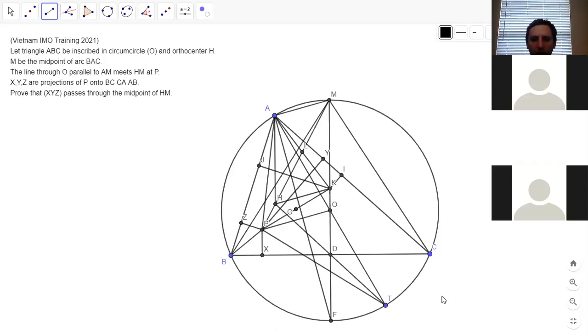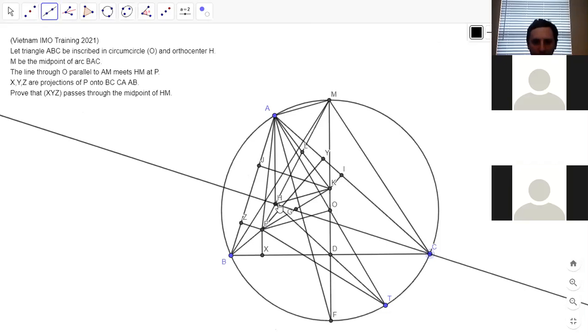So I'm going to label the intersection of CH onto AB. Let's call that point maybe, we'll see what it is, M.